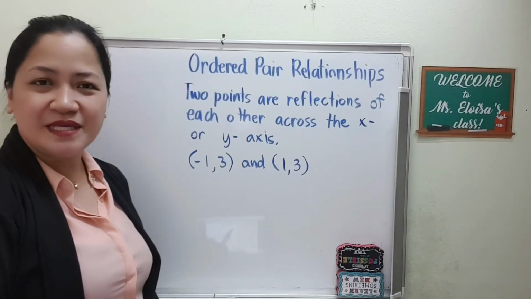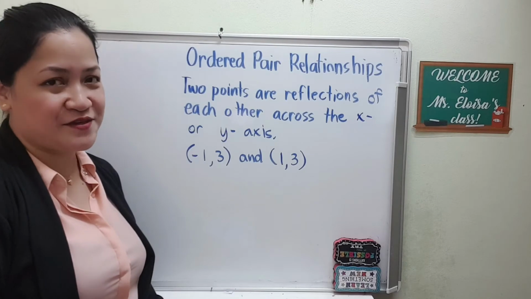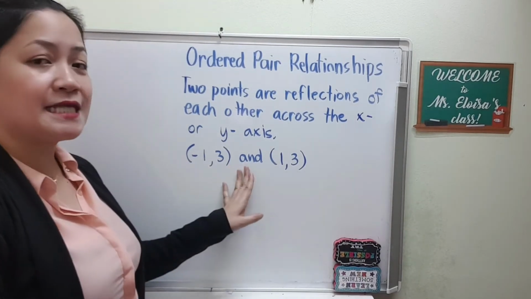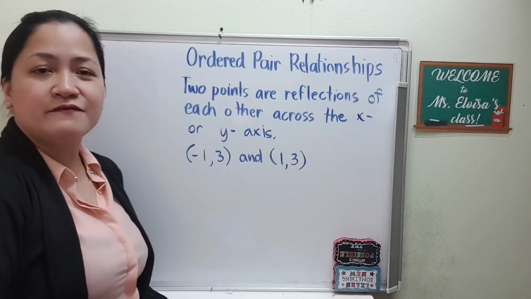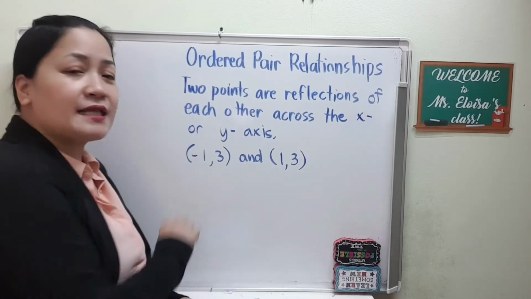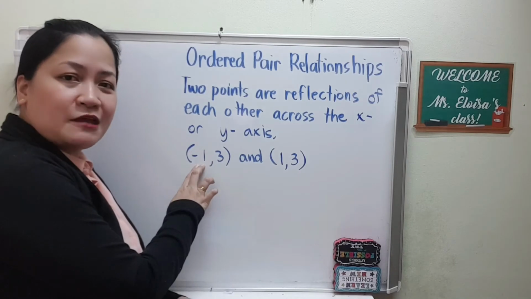Now we will determine the axis to which each point is a reflection of the other. So we have negative 1, 3 and 1, 3. To know this, you have to see which coordinates are the same. So look at our x-coordinates first. The x-coordinate here is negative 1.